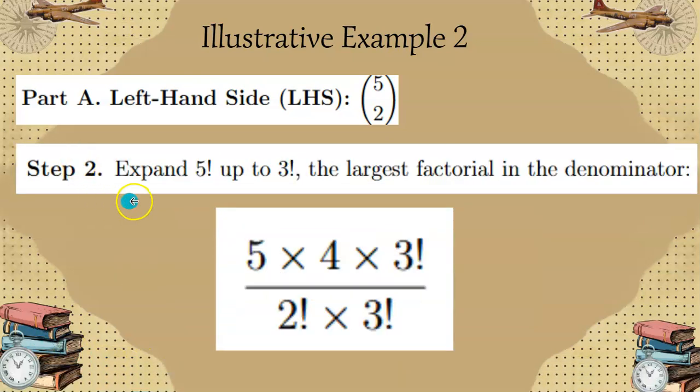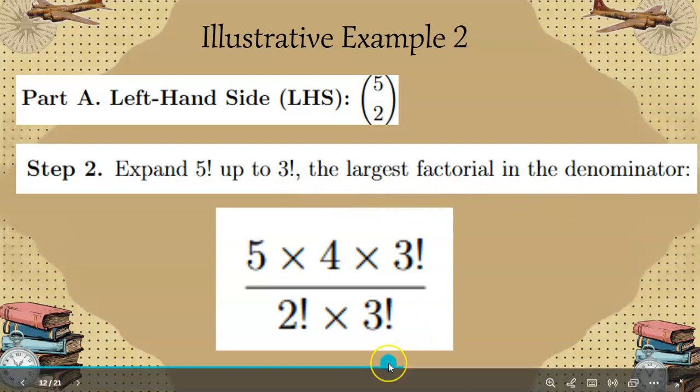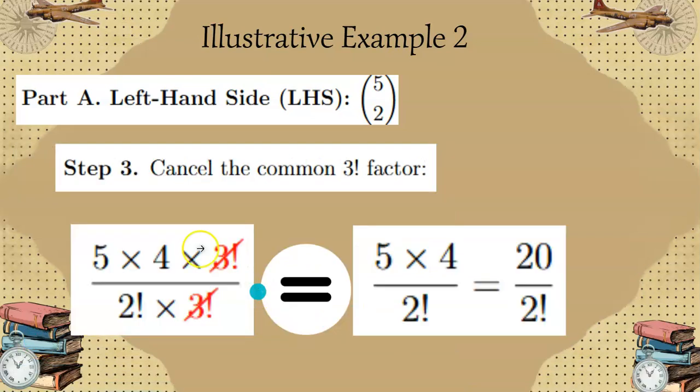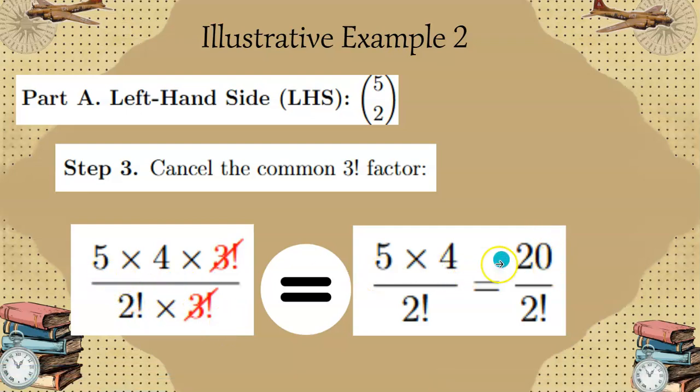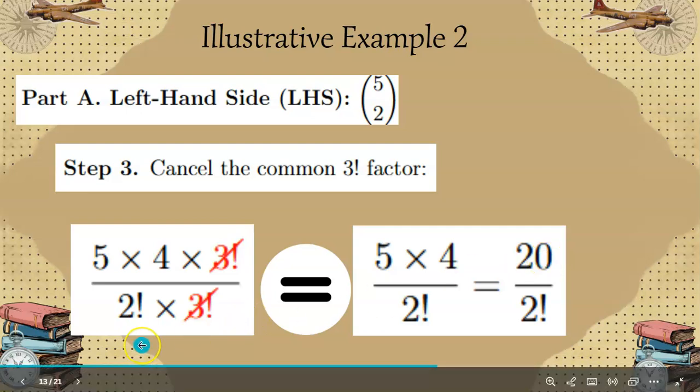Step number 2, expand 5 factorial up to 3 factorial, the largest factorial in the denominator. Step number 3, cancel the common 3 factorial factor. So the remaining factors in the numerator, we have 5 times 4, that's equal to 20. And the remaining factor in the denominator is 2 factorial, that's equal to 2.